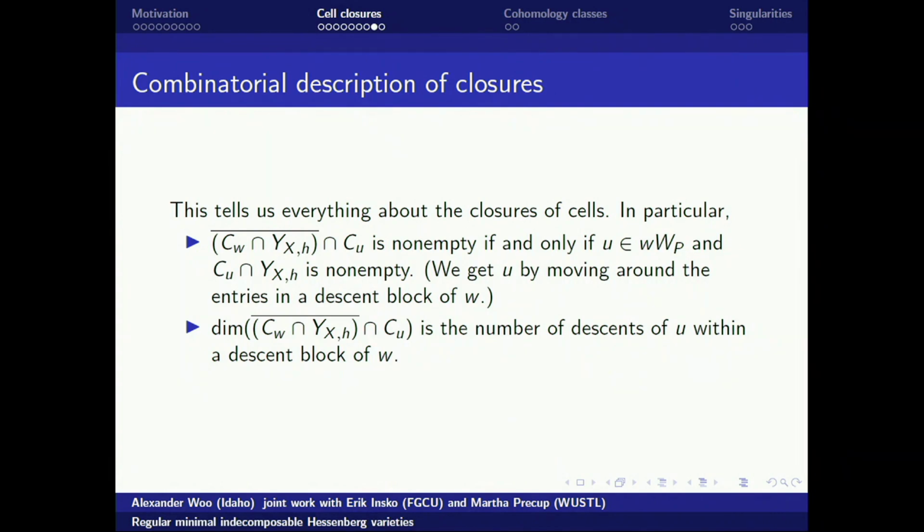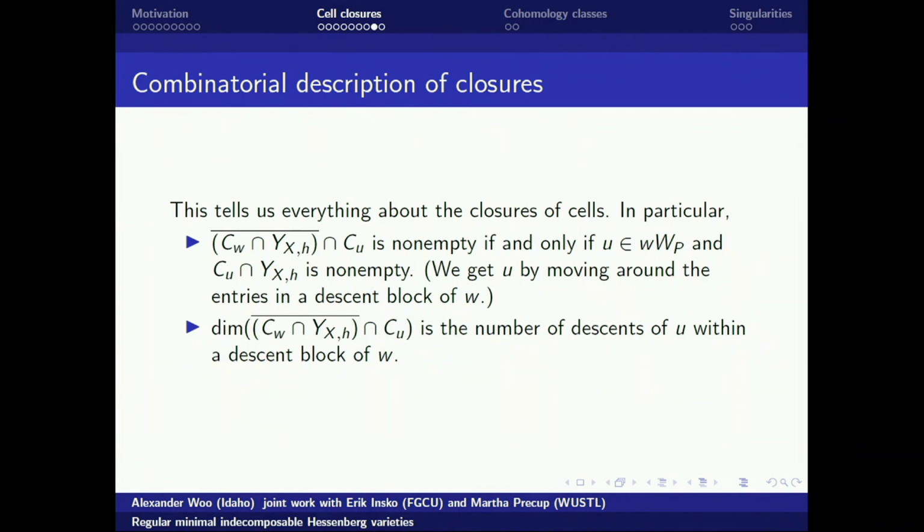So you want to know, when is the closure of a cell hit some part of another cell? It won't necessarily be the whole thing. Well, it's going to be non-empty if and only if it's in the same coset, and smaller in Bruhat order, and non-empty.